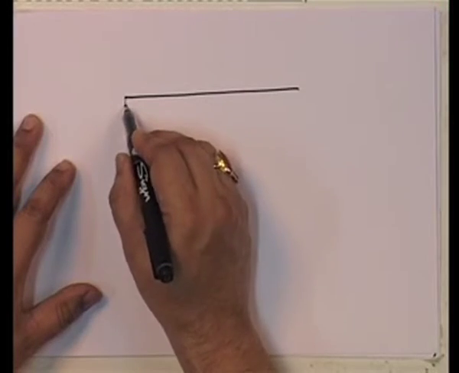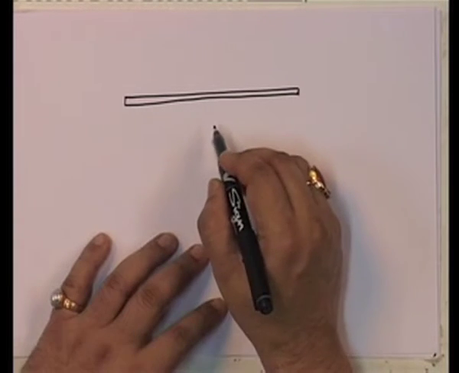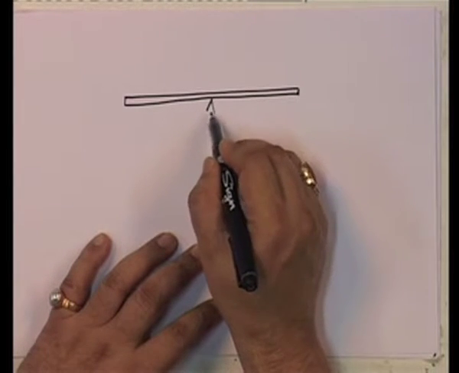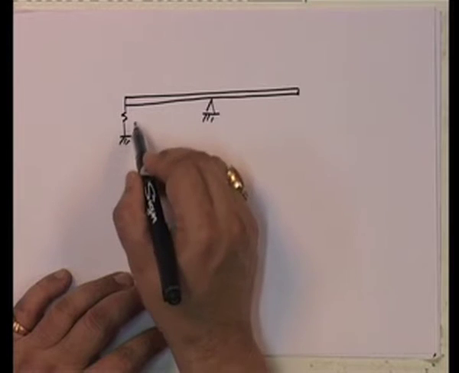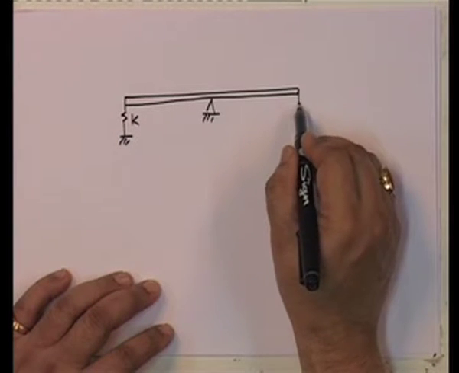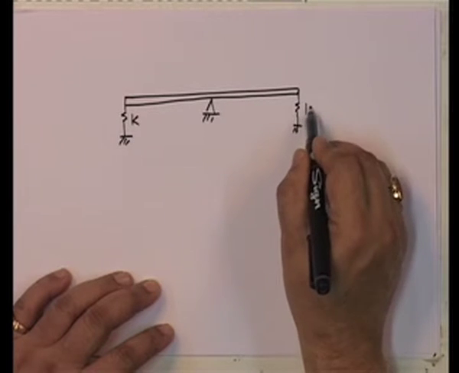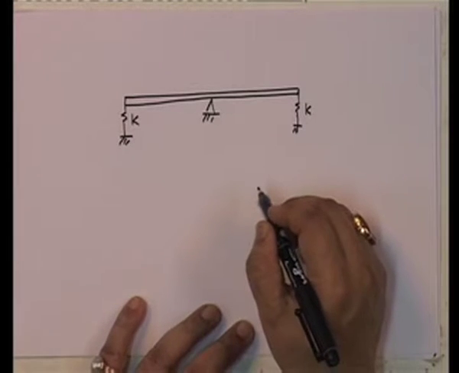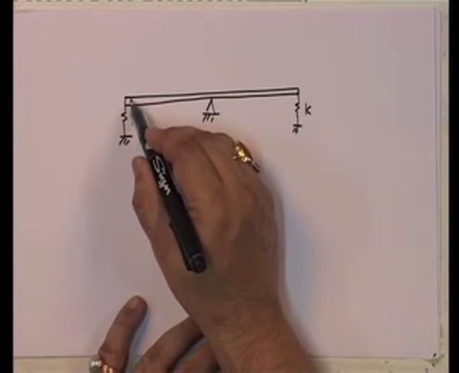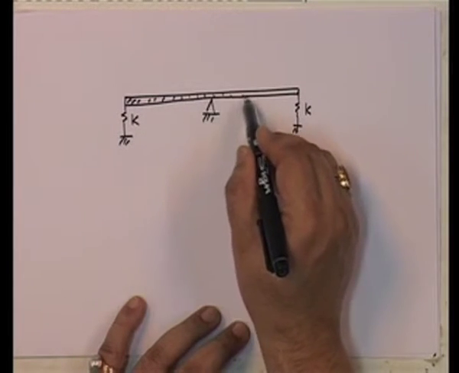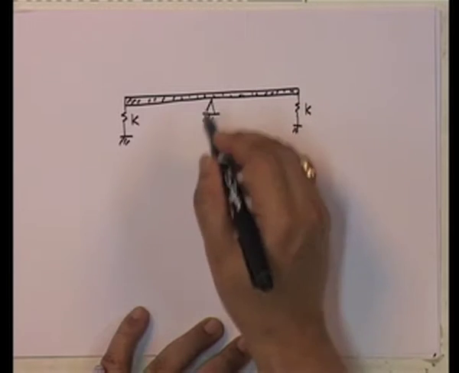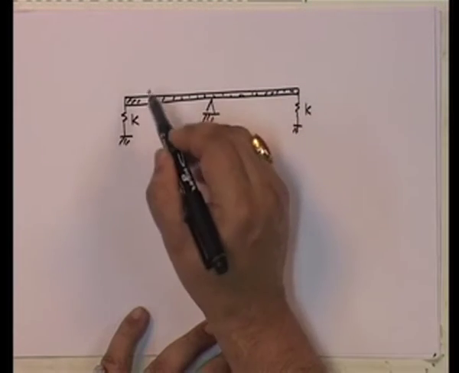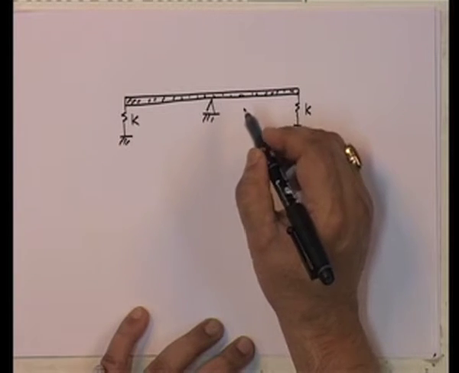Let me take a situation where I have k, k. I am defining these as k, k, okay, and I am not putting a dashpot in this particular case, it does not matter. Okay. This is a UDL, and I have a loading which I will say is of the following form.